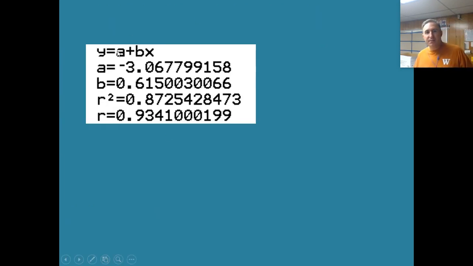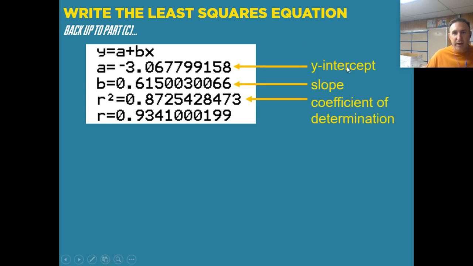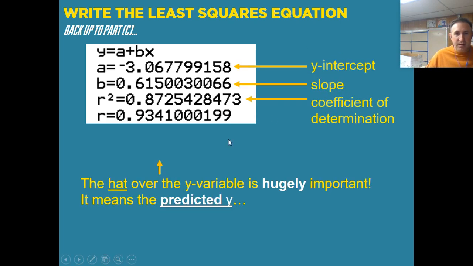Okay, so there's some other stuff here. If we're looking at this as a linear equation, which it is, then the slope is the coefficient in front of x, and this makes this the y-intercept. So when in part C it says, write the least squares regression equation, we have the y-intercept, we have the slope, we already talked about coefficient.